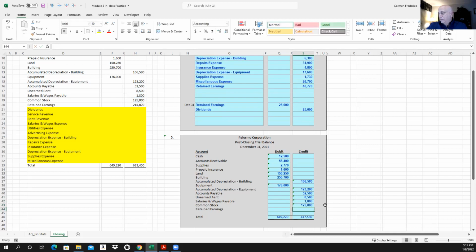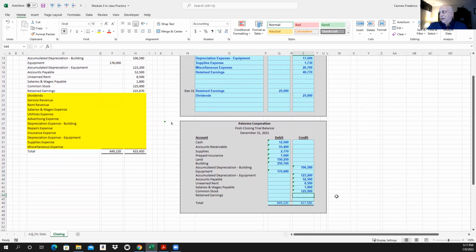Now, retained earnings. What is our retained earnings balance going to be? Well, it's going to be what we start out with, our beginning retained earnings balance. Remember the stockholders' equity reconciliation from the last video. We have the beginning balance of $215,870. We're going to add to that the net income that we journalized, the $40,770.